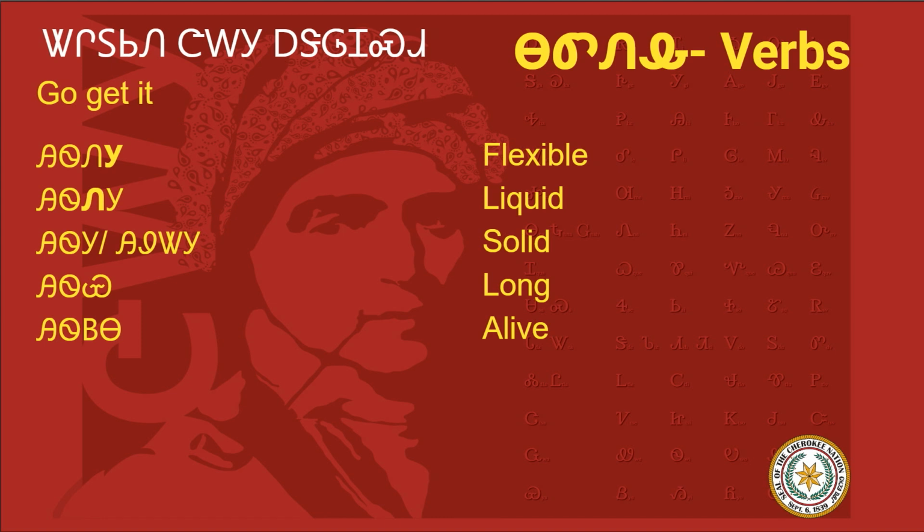So if it's clothing on the floor or something like that, you would tell somebody hui negi, go get it, right? Hui negi, okay? And then hui negi, go get something liquid, right? Hui gi, okay?